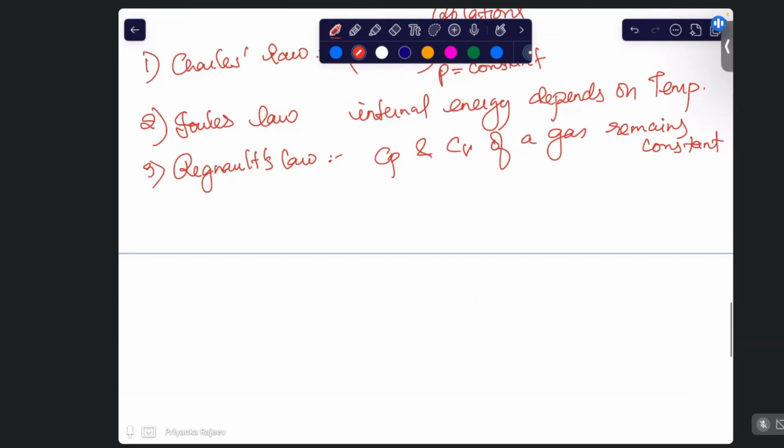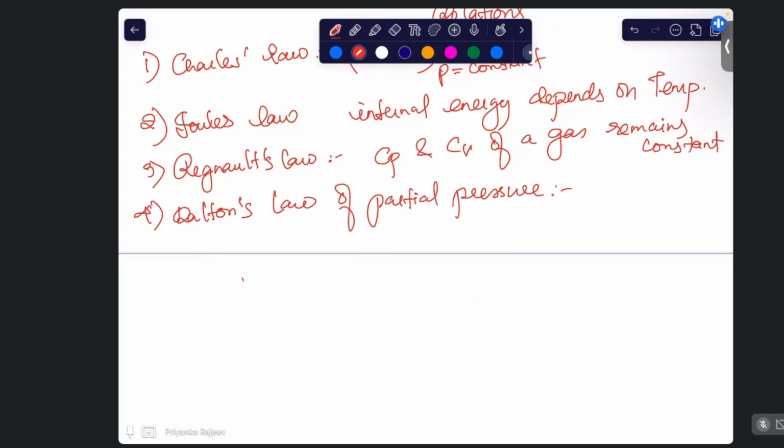Then there is something called Dalton's law of partial pressure. That means total pressure of a mix of gas is equal to sum of the partial pressures exerted by individual gases.